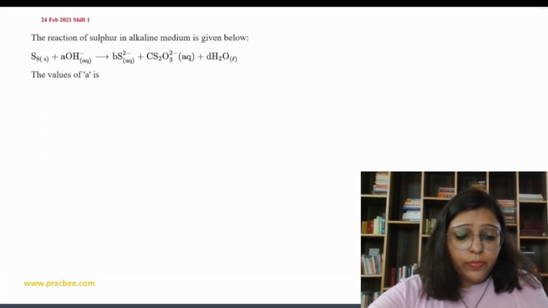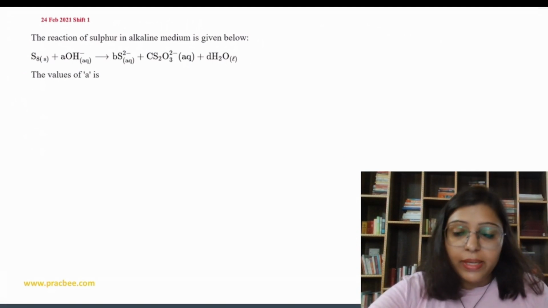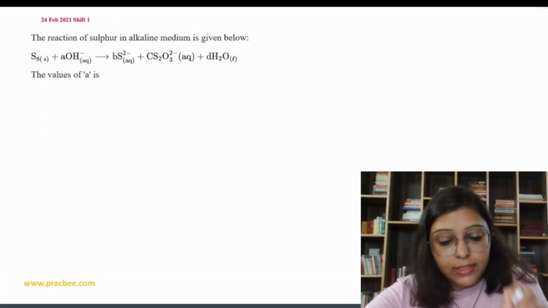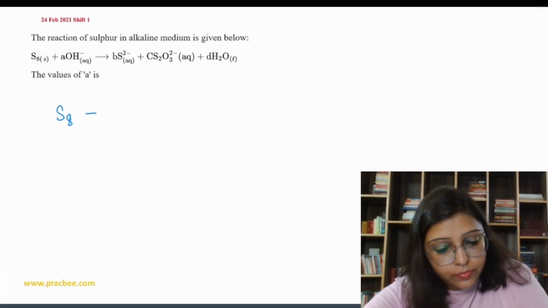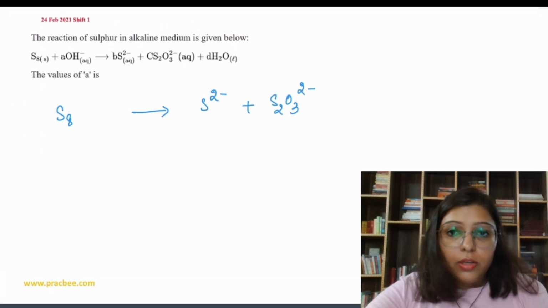Let's do the next question. This is the balancing equation in basic medium. So let's do this by writing each step. So here S8 gives S2 minus and S2O3 2 minus.